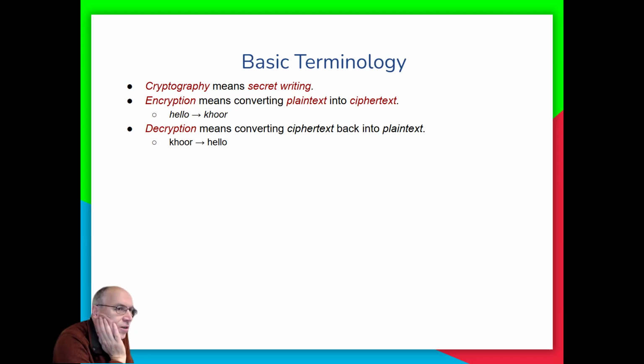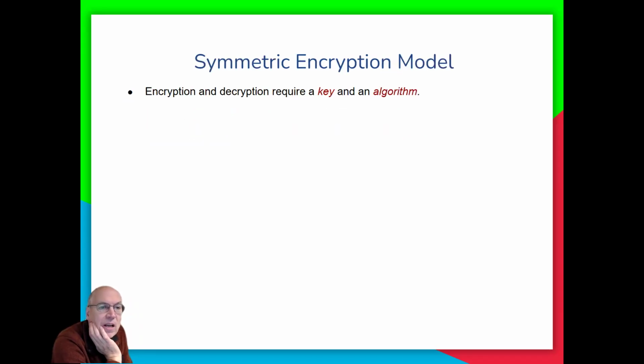Those are the two words we'll use: encrypt and decrypt. You also sometimes hear them going from plain text to ciphertext. Plain text is the normal message, and ciphertext is when we've encoded it, so it's impossible or difficult to read without decoding it.